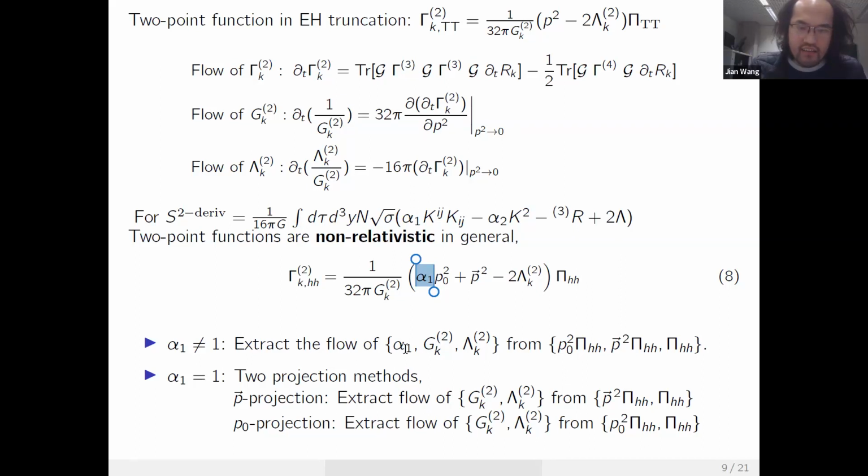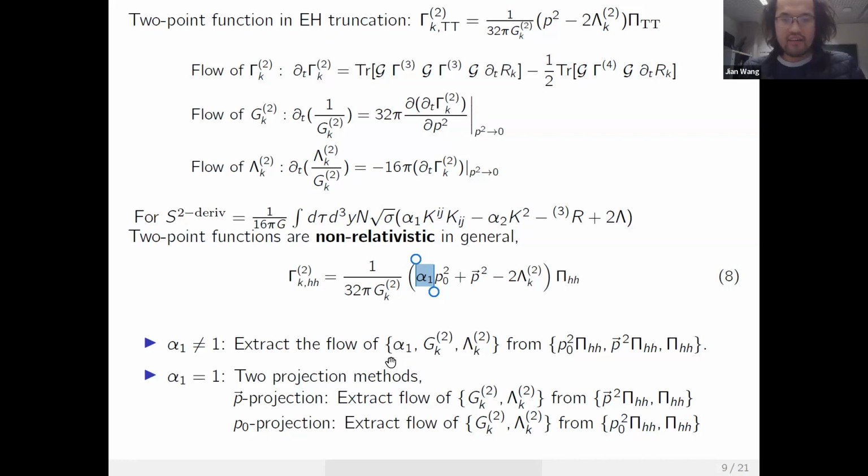Now we can consider two cases. The first case corresponds to the general case where alpha 1 is not 1; it's a running coupling. Then we can extract the flow of alpha 1 and also the other couplings from the tensor structures of the time component of the external momentum, the spatial component of the external momentum, and the part independent of the external momentum.